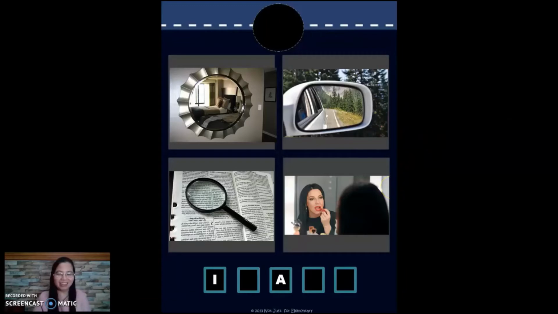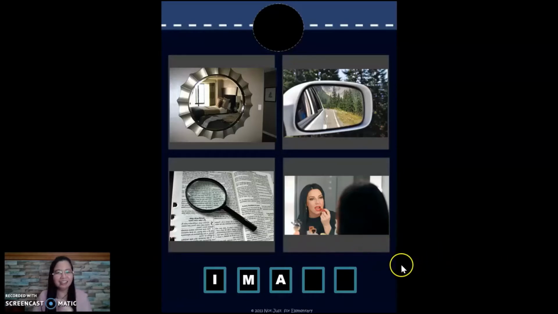You have an I and another A there. You still have 3 letters to guess. Let me give you another letter. You have an M. What would be the last 2 letters? Anyone? What's your guess?